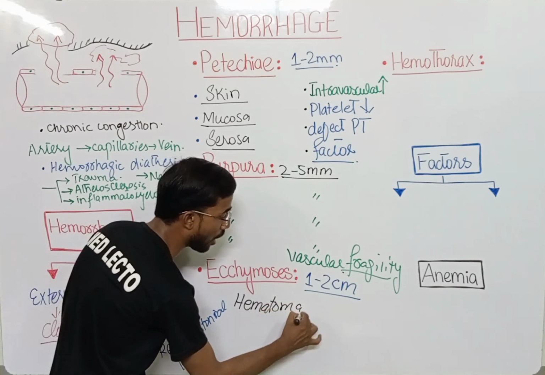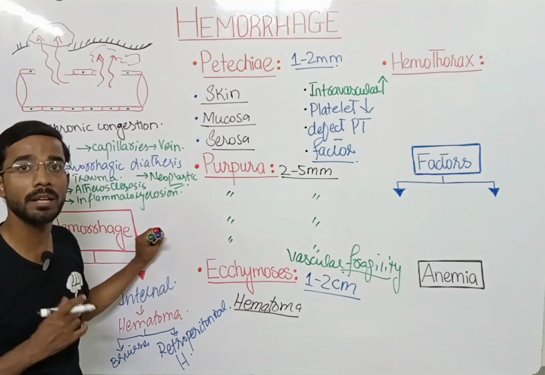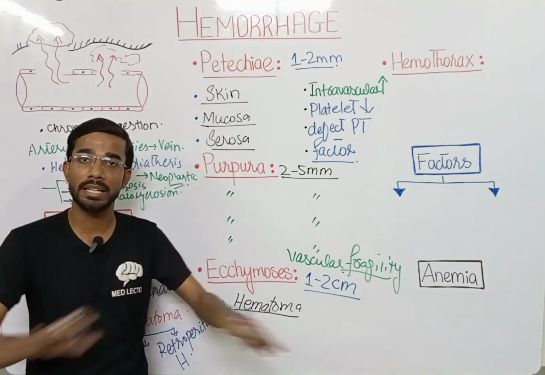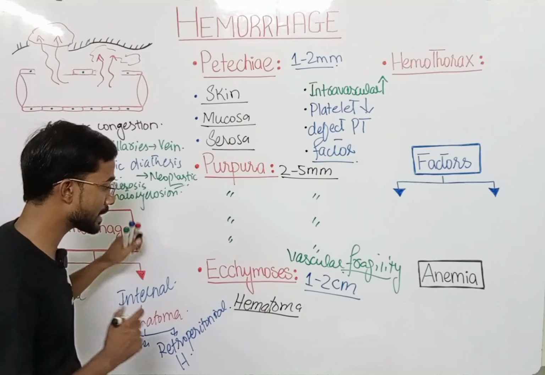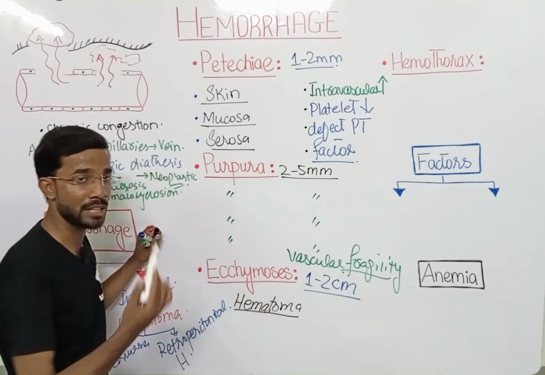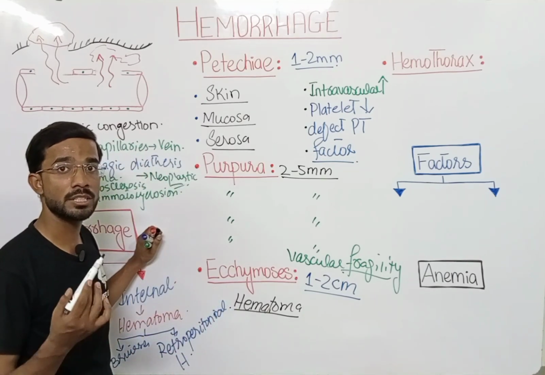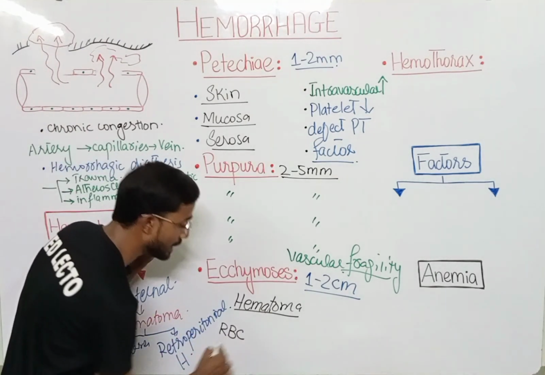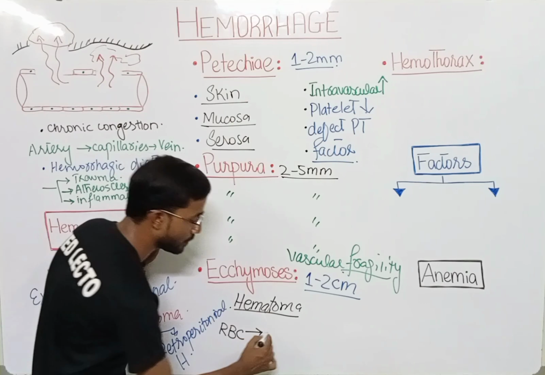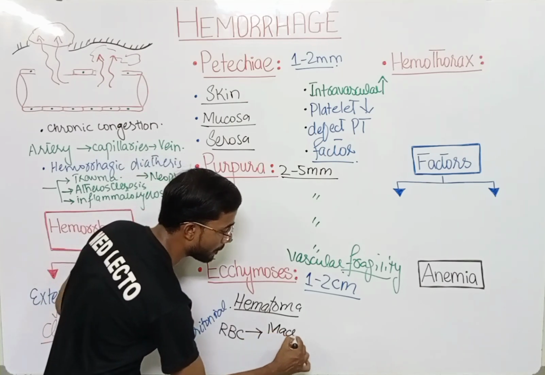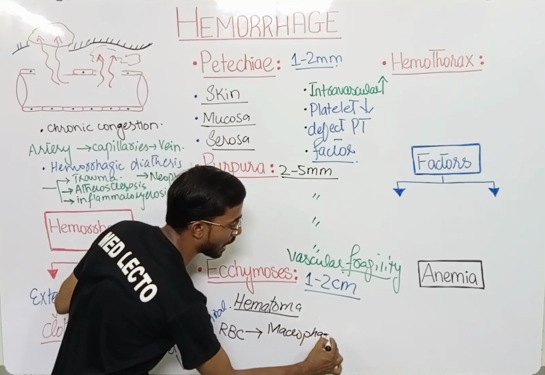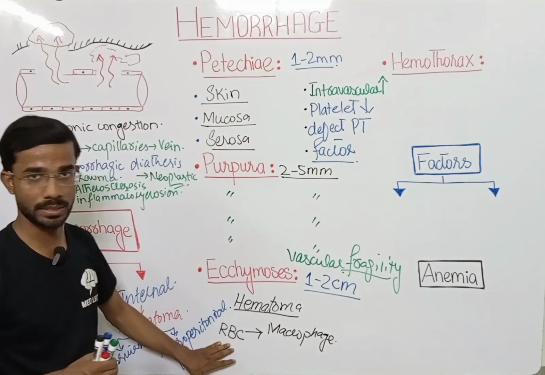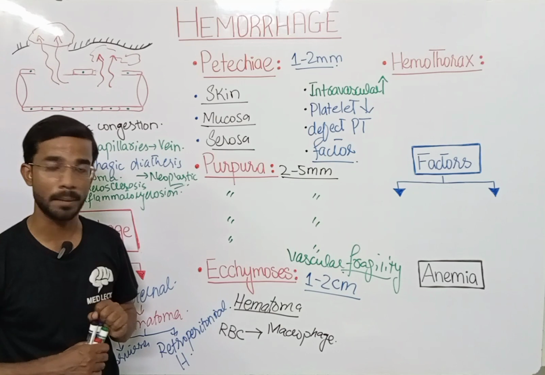Hematoma. Now the body has a clearing mechanism in which different macrophages come towards the hematoma and clear it. As we know, the hematoma is a clot in which you will see RBCs. The macrophages engulf these RBCs and break or destroy the RBCs present in the hematoma.